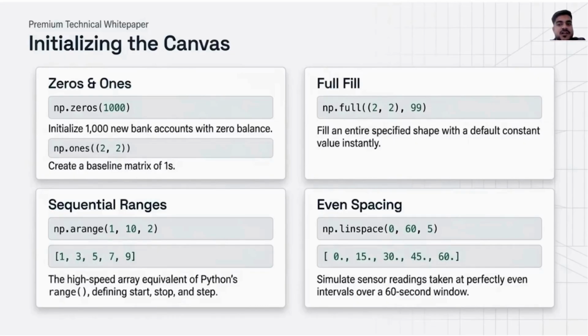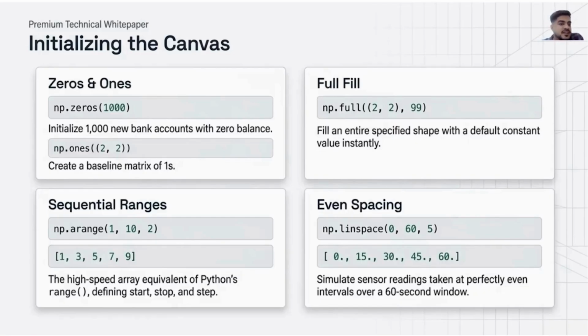If you need a specific default value, np.full will work. It fills an entire specified shape instantly. For sequential data, np.arange is the high-speed equivalent of Python's range function. And next, np.linspace is incredibly useful for creating even spacing, like simulating sensor readings taken at perfectly even intervals over a timeline.